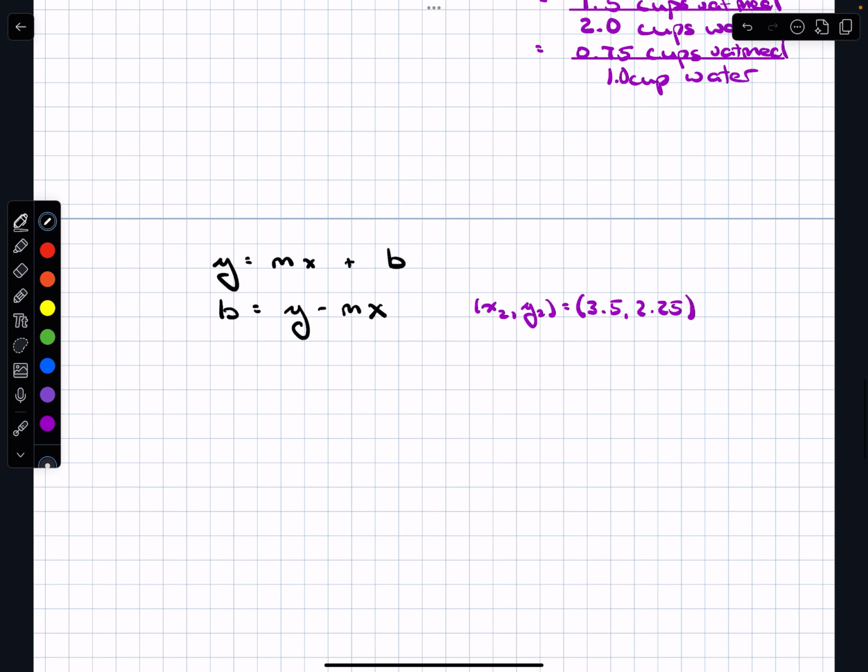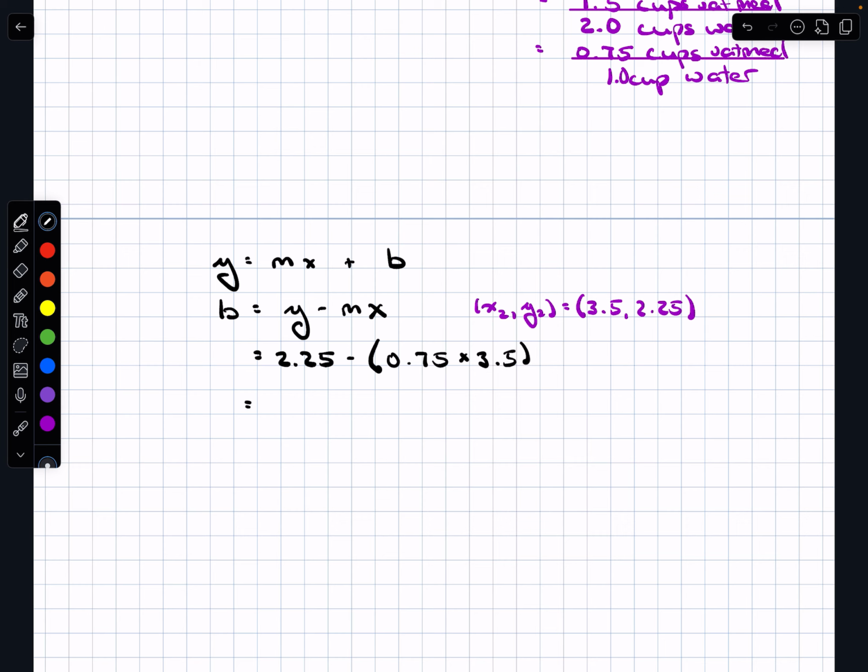So I'm going to plug that in. b is equal to y, which is 2.25, minus m, which we figured out was 0.75, times our value of x, which in this case is 3.5.